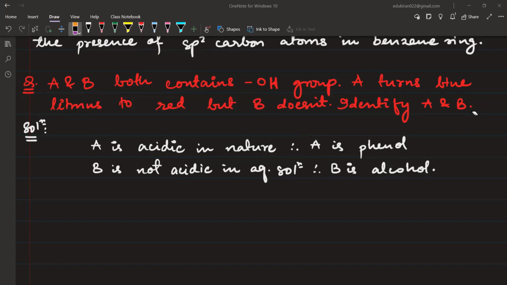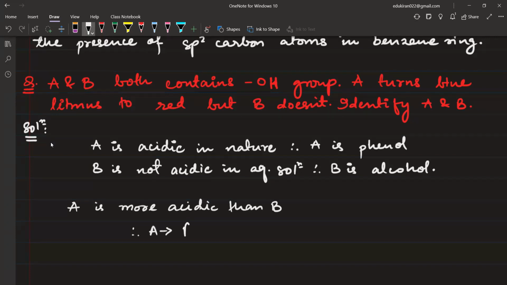Write A is phenol, B is alcohol. If they ask you why, then you will just write A is more acidic than B. Therefore, A is phenol and B is alcohol.